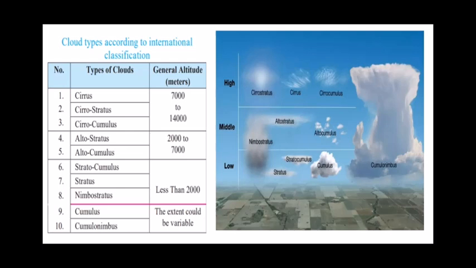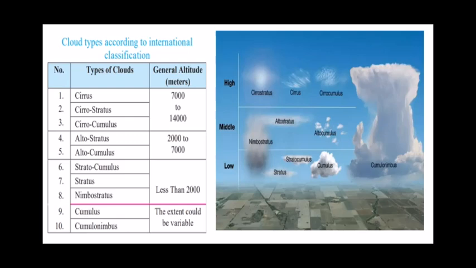After observation, we can divide these clouds into three main types on the basis of their altitude, that is the height. The height from the base of the clouds is taken into consideration. If the clouds are at an altitude of 7,000 to 14,000 meter, then they are considered as very high clouds.